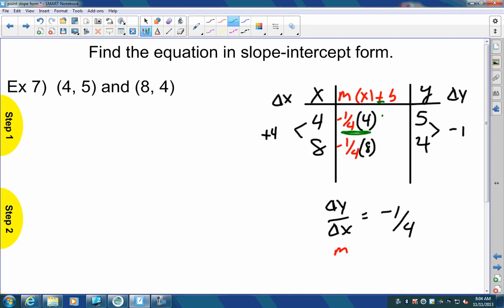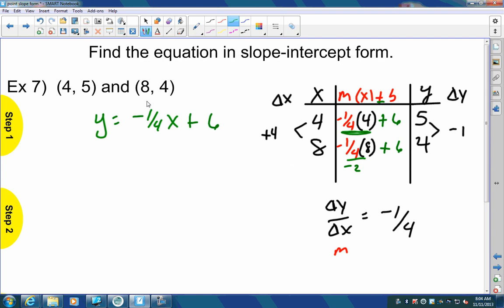Negative 1 plus 6. That should work here. Negative 1/4 times 8, when you multiply these together, it's negative 2. Negative 2 plus 6 is 4. So my equation becomes y equals negative 1/4 x plus 6. Remember, to check this, you can put this into y1 in your calculator, press second graph, and these points should be in that table.